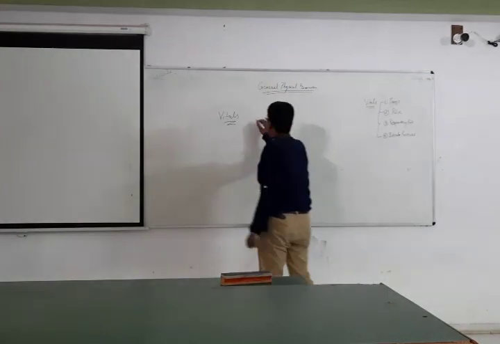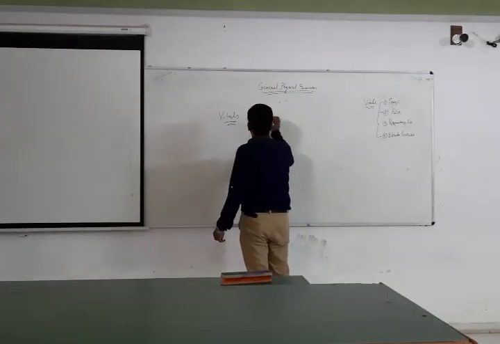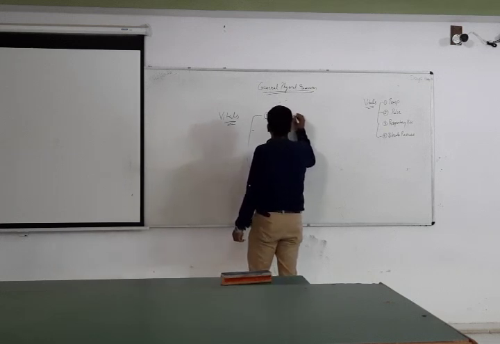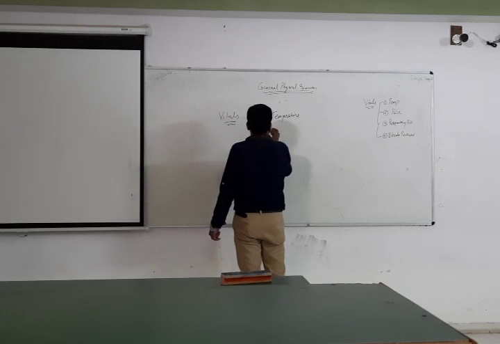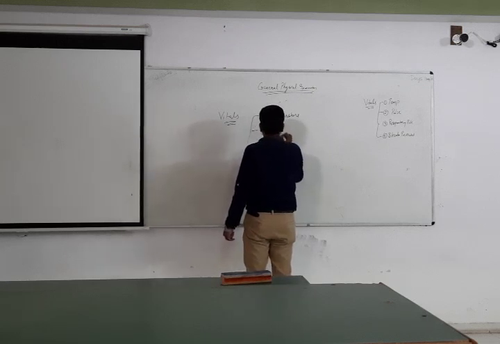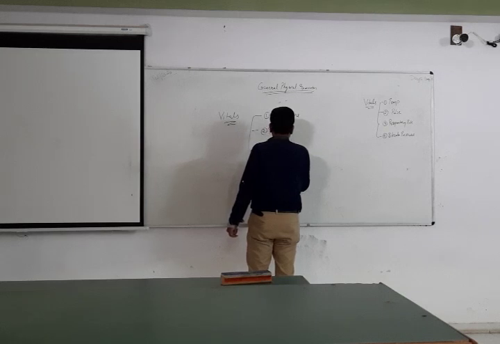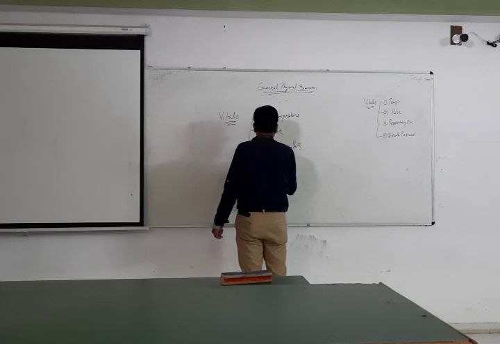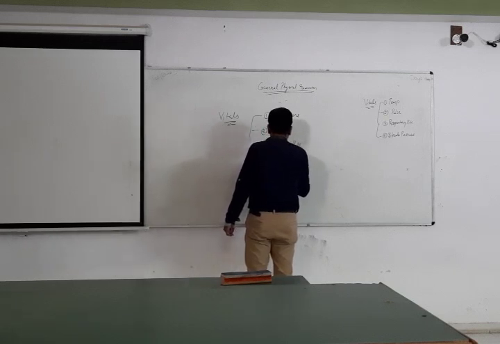Various vitals are, number one, temperature of the patient, pulse, respiratory rate, and the fourth one is the blood pressure.